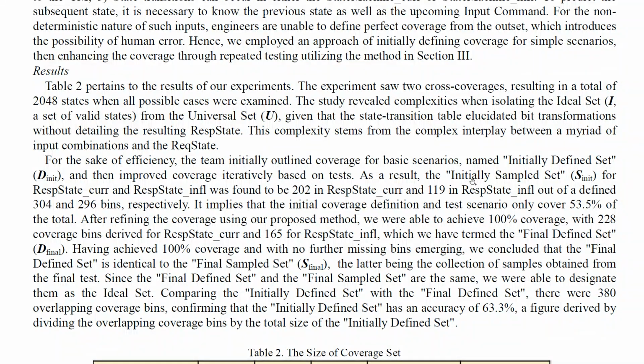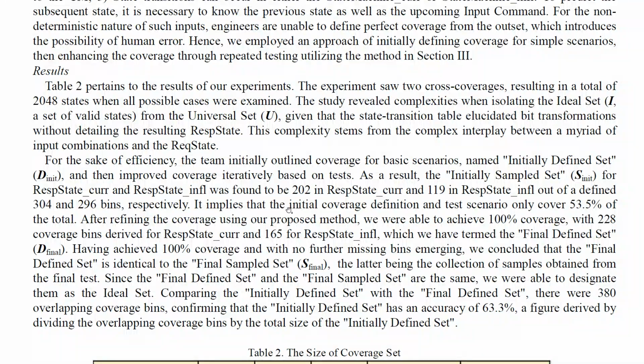As a result, the initially sampled set S_init for RESP state_CORE and RESP state_INFL was found to be 202 in RESP state_CORE and 119 in RESP state_INFL out of a defined 304 and 296 bins, respectively.